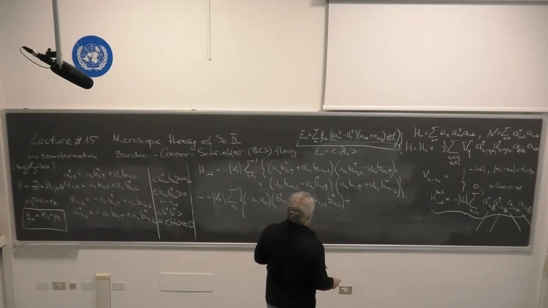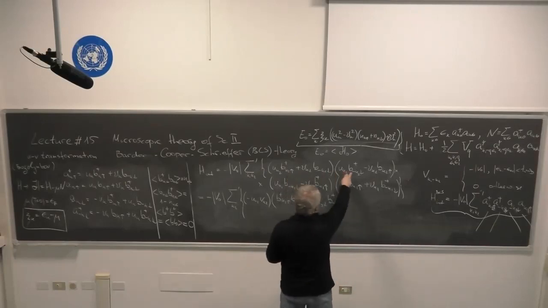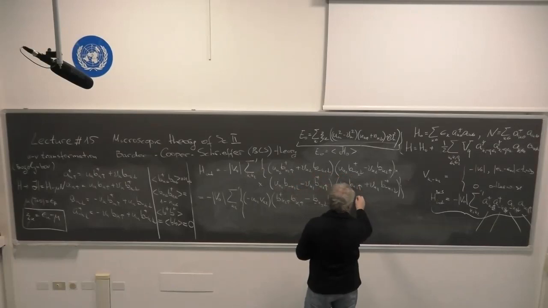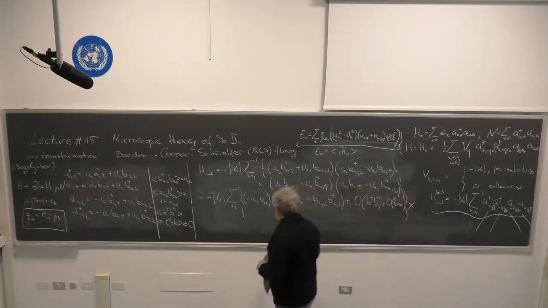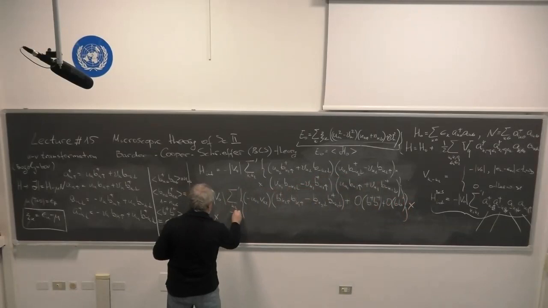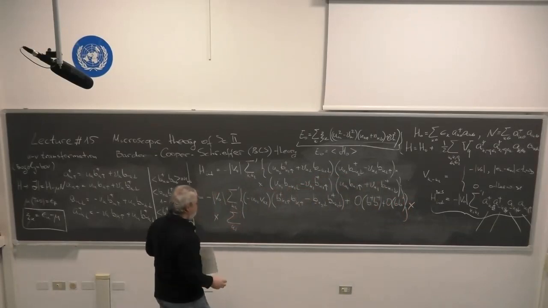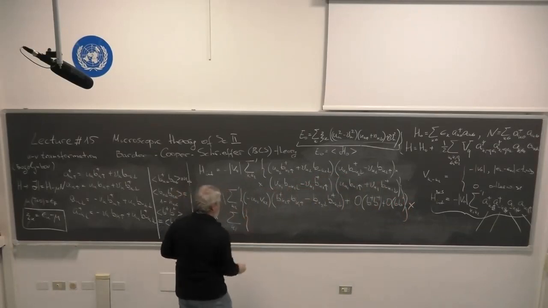which are proportional to B dagger and BB. I will write B dagger plus OB times the sum over K1. Again, I open the bracket.